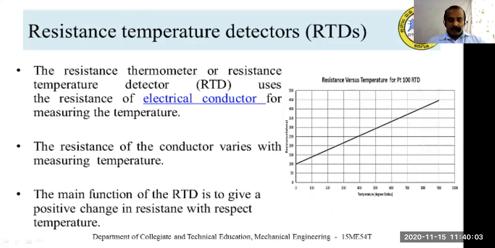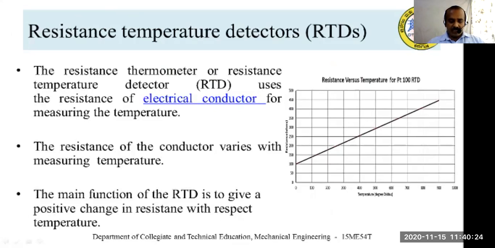The next type of temperature sensor is resistance temperature detector, abbreviated as RTD. Resistance temperature detectors use a simple resistive element.